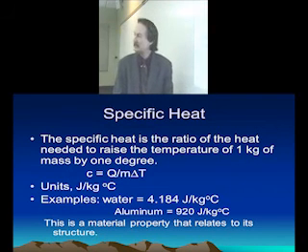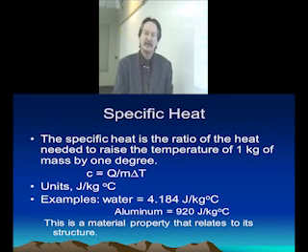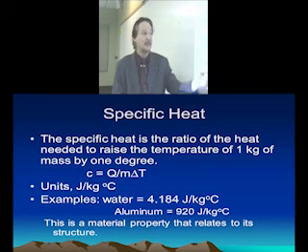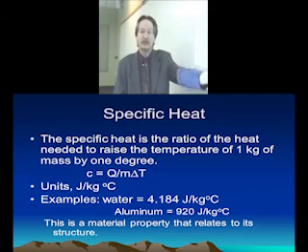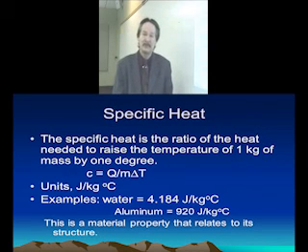So each material has its own respective specific heat, which is a representation of the fact that the materials are composed of different elemental structures, water being H2O, a molecular structure. In the case of liquid water, having 4,184 joules per kilogram specific heat.